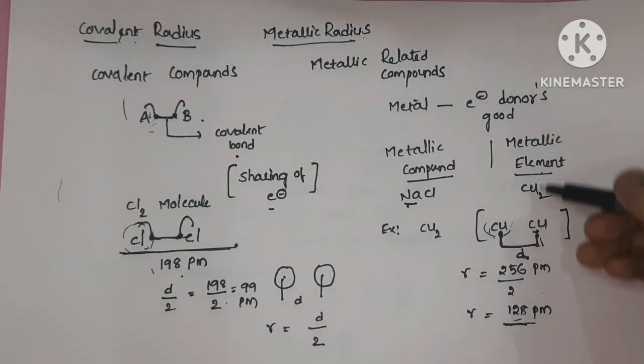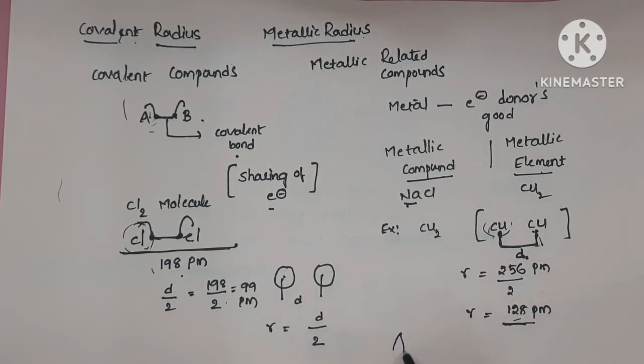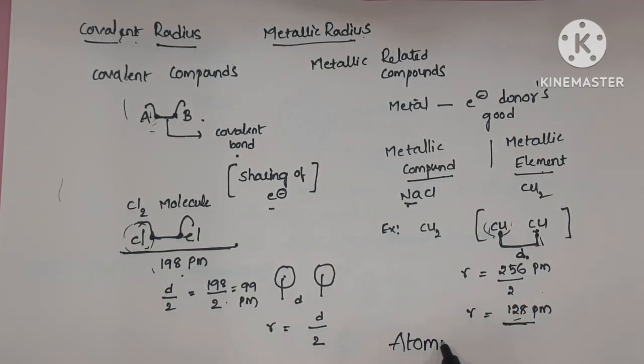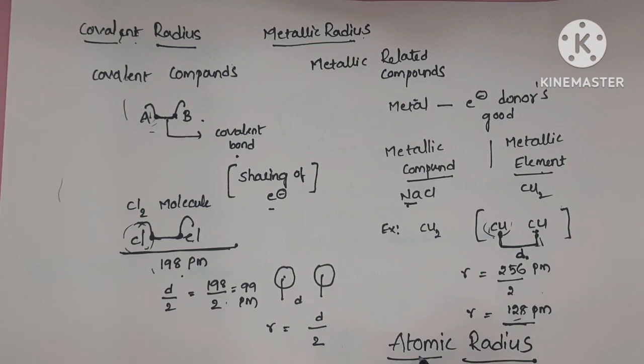This is the way we find the atomic radius. Why? Because the atom is very small, it is not visible.